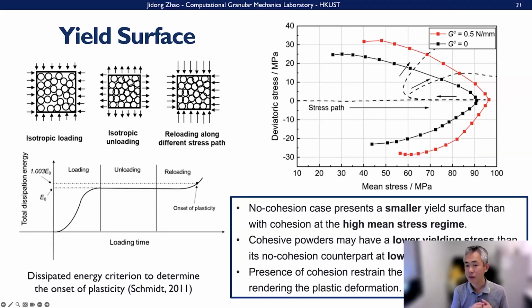And then in the cohesive case, sometimes there's a crossover, and we didn't plot it. And in the low stress levels, this can be smaller than the cohesion part here. Okay, the observation for that part is for the high stress level here. And that is because the cohesion can restrain the motion of particles and limit the plastic deformation more significantly in the low confinement pressure cases here.